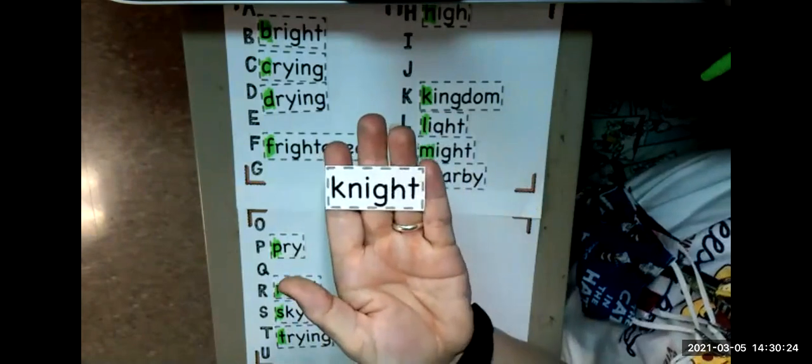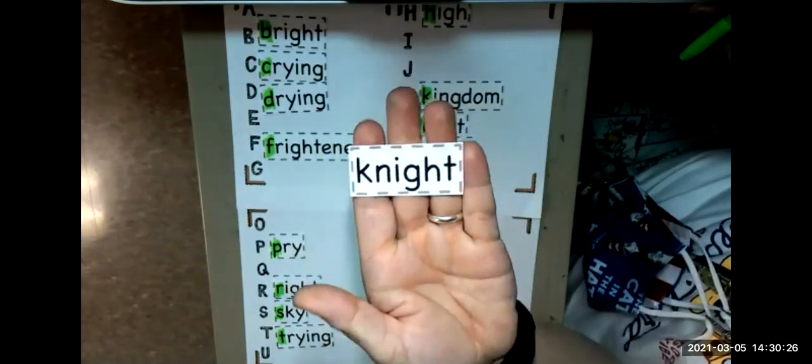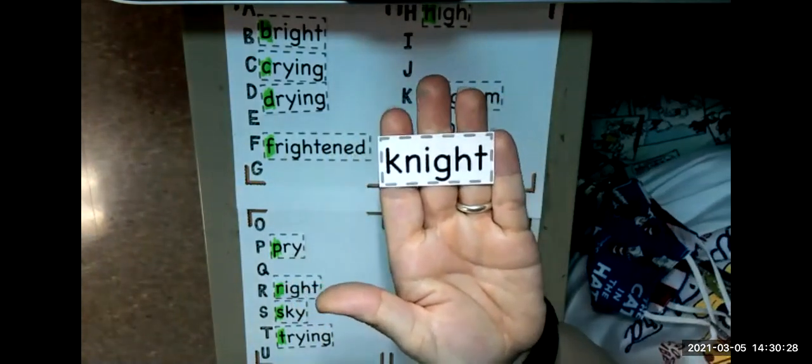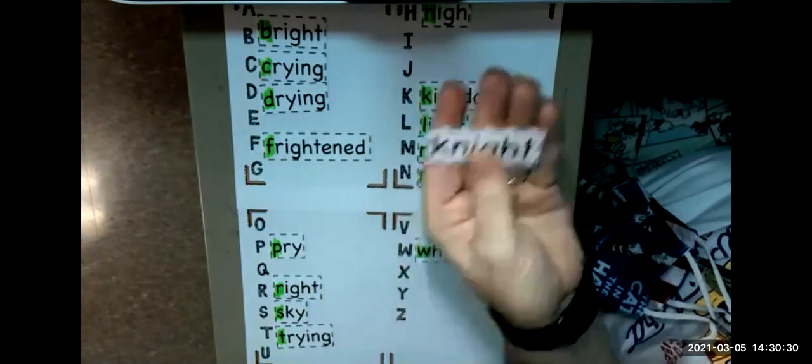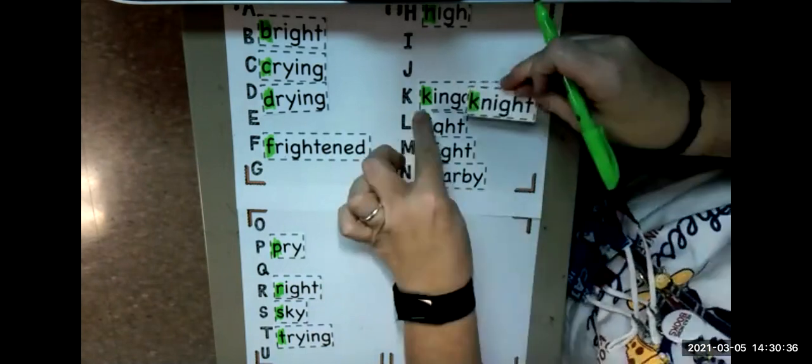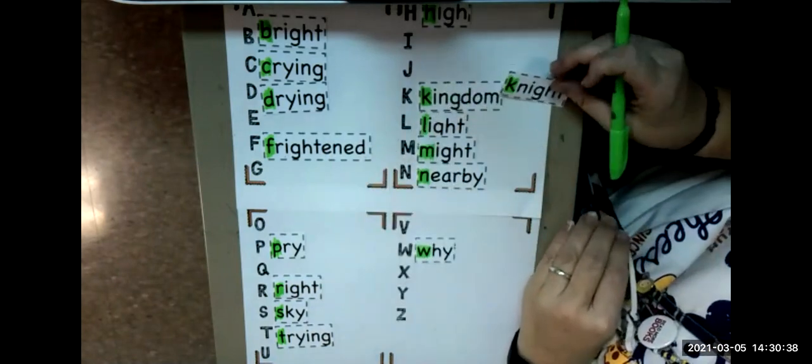All right, now we have one more word. Night. What is the first letter of the word night? It is the K. But look, we already have a word that has K at the beginning. What do we need to do now? I have to look at the second letter.